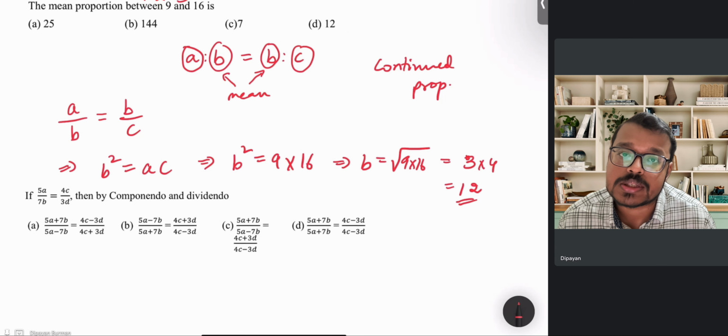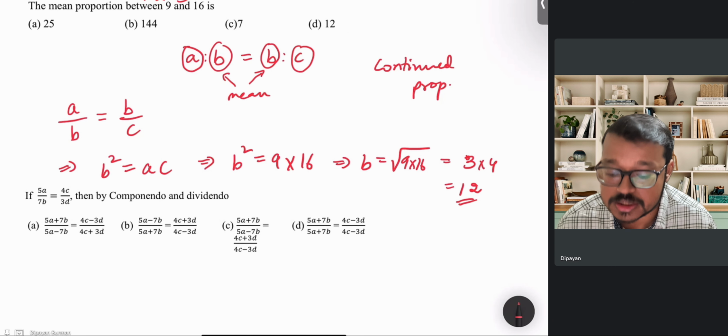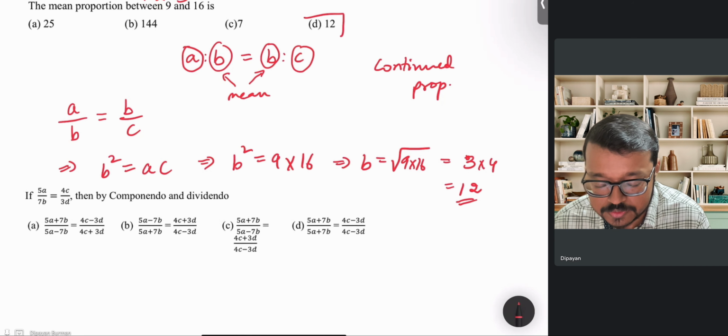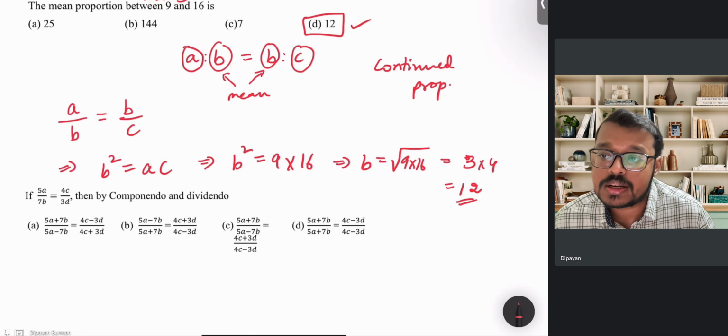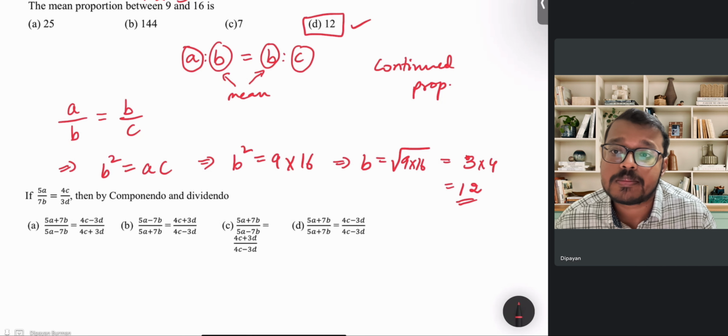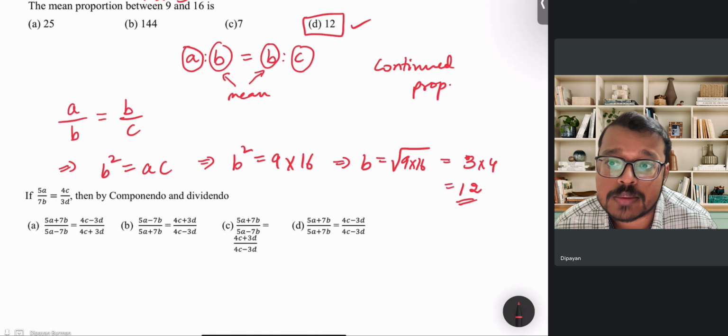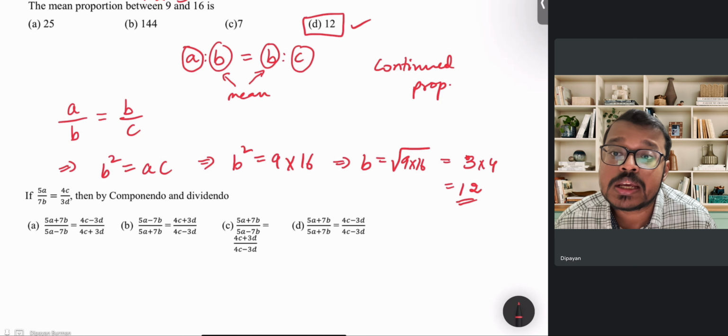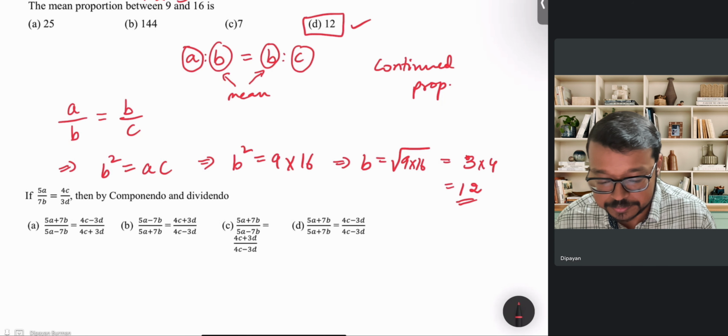And we are taking the positive square root because the parts of a ratio we are considering are positive. So the answer is D, 12. Also, if we look at the other options, we should know that the mean proportional between two numbers is always in between those two numbers. So it has to be more than 9 and less than 16. So only option D matches that.